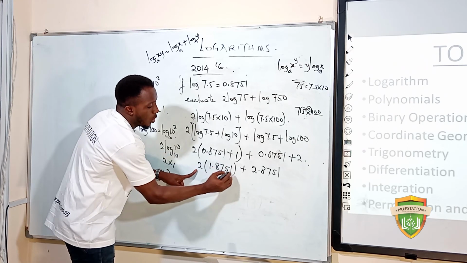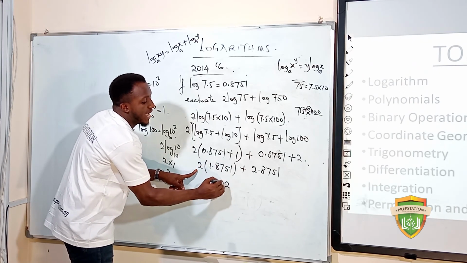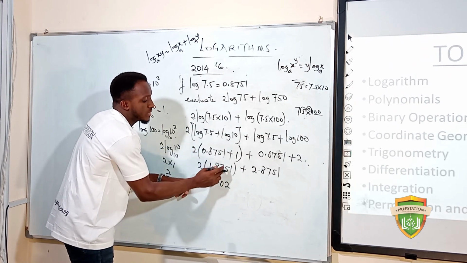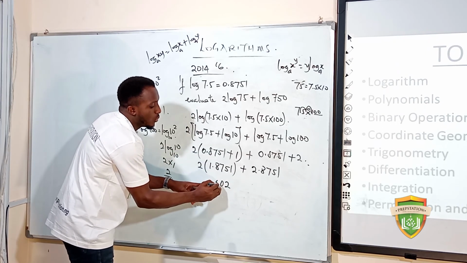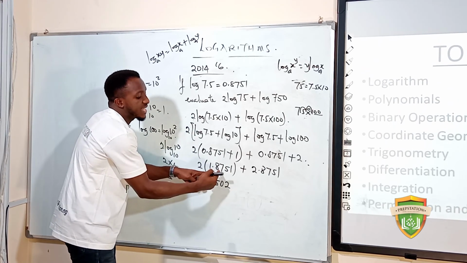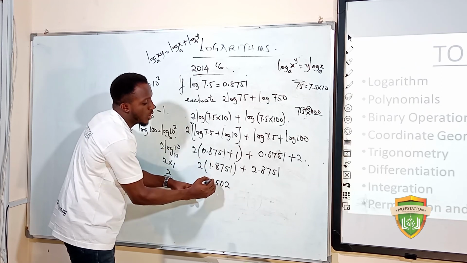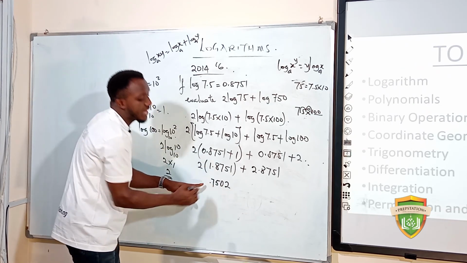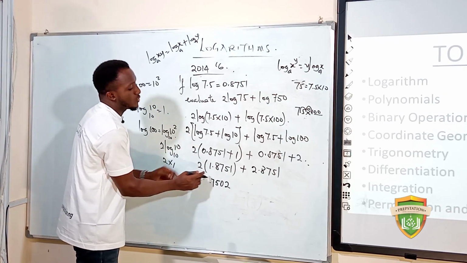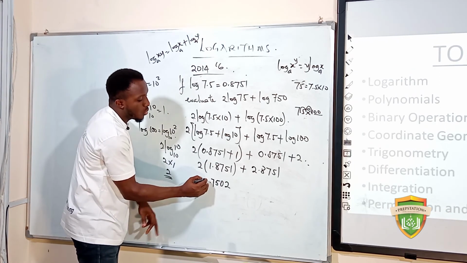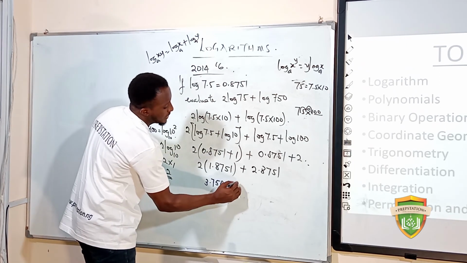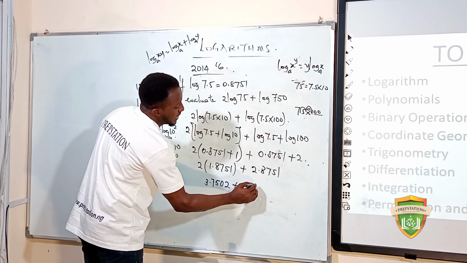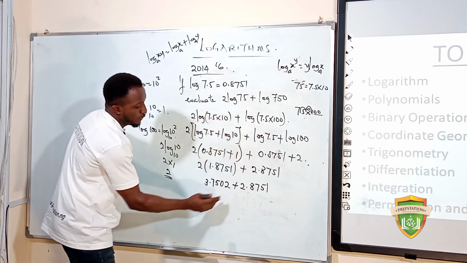If you clear brackets, it would mean multiplying 2 by this. So 2 times 1 is 2, 2 times 5 is 10. You take 1 to the other side, 2 times 7 is 14 plus 1, which is 15. You take 1 to the other side, 2 times 8 is 16 plus 1, which is 17. You write 7. You take 1 to the other side, 2 times 1 is 2, plus the 1 is 3. So if you add this to 2.8751, you do the mathematics.